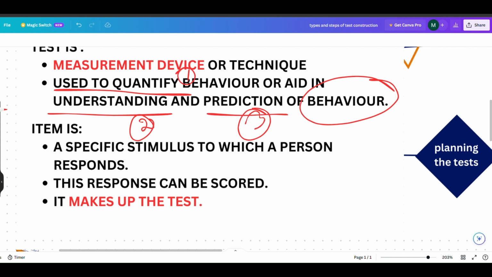So this might be an item for a biology test of class 6. So item is all the things which make up a test. Now a test might have different aspects and the item will fulfill measuring that particular sub area of the test.